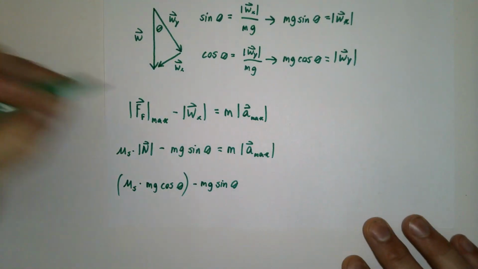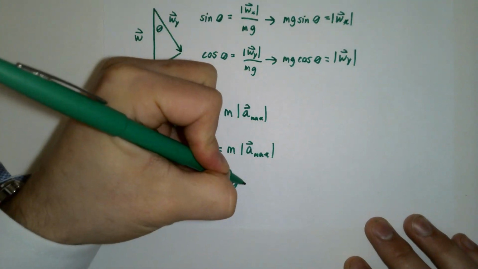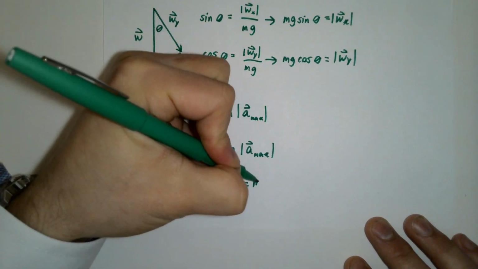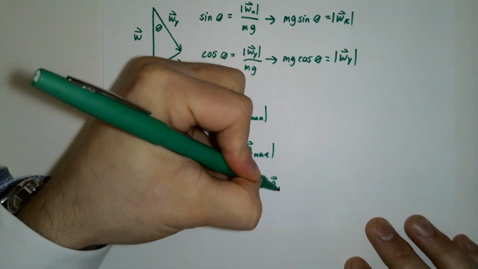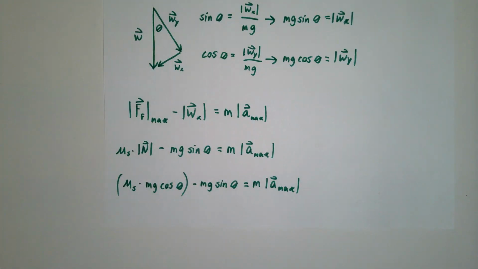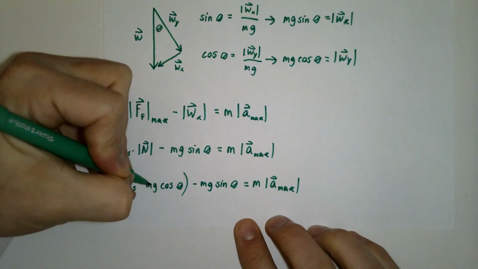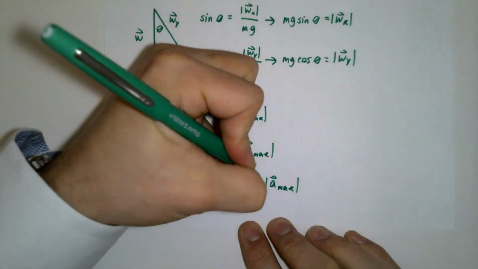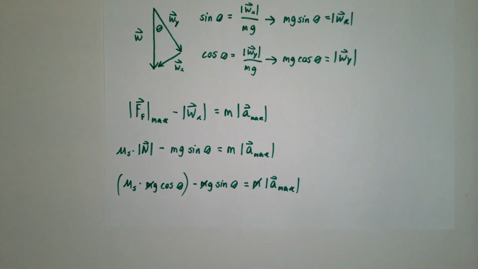And we have equals m times the acceleration. No new substitutions to make on this right side of our equation. What we notice here is that common to each term in this equation is the mass. Mathematically speaking, that means we can divide both sides of this equation by m, and therefore all of the m's will cancel.